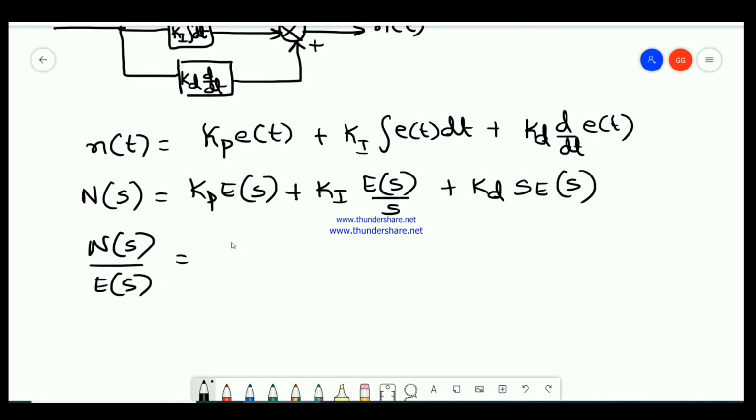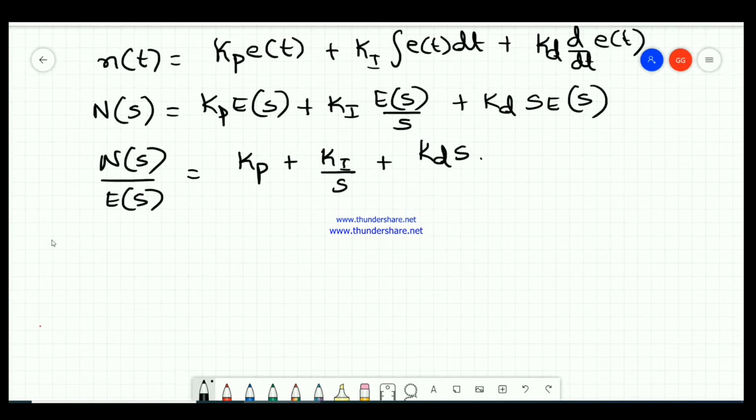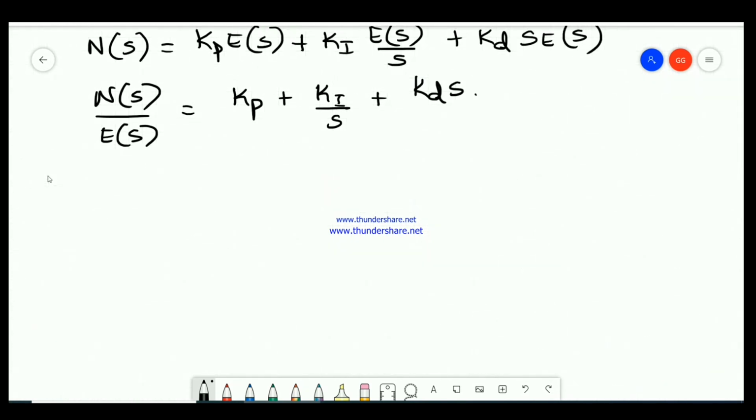You will get Kp plus Ki by s plus Kd into s. So this would be the transfer function gain which we connect in the second order control system block diagram, where the controller has been added.